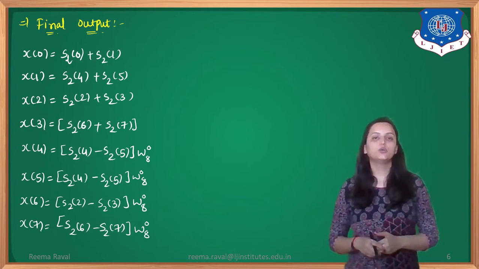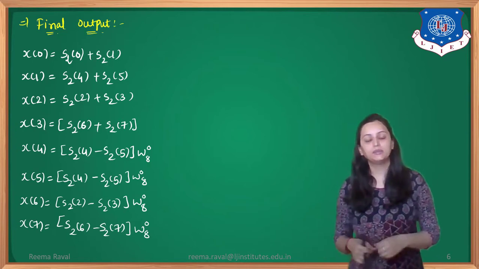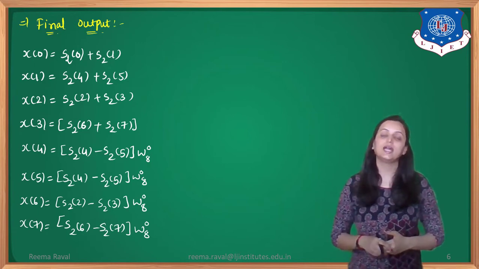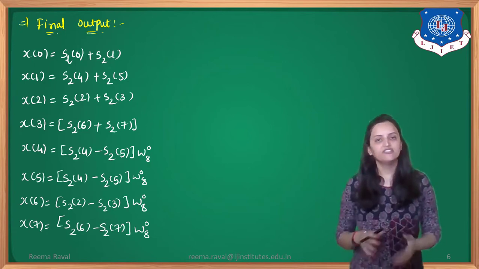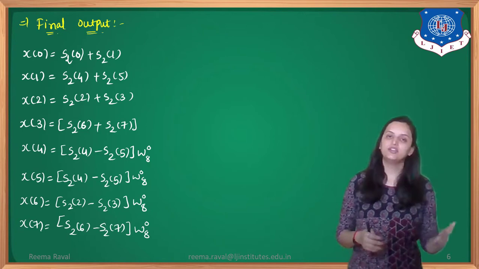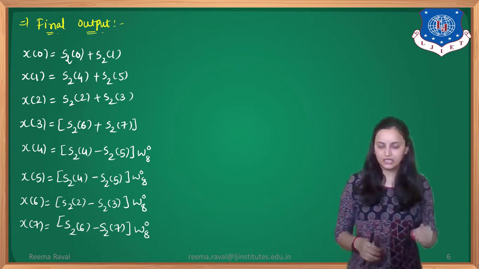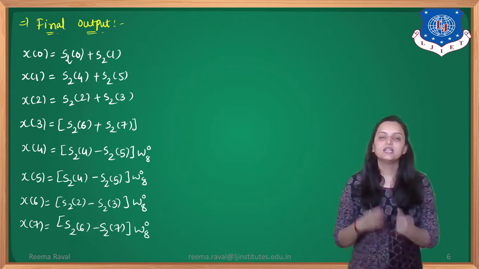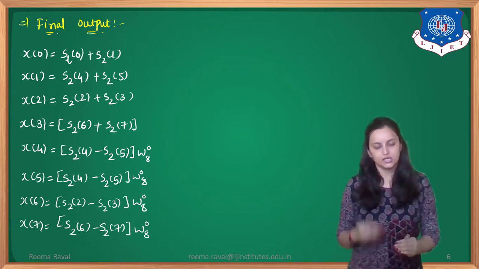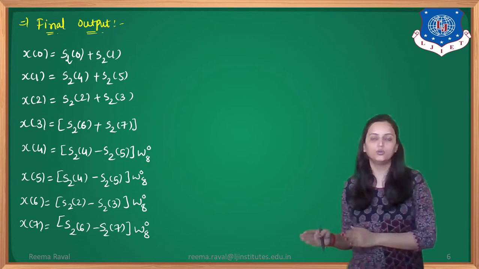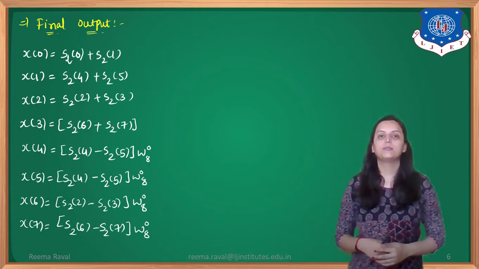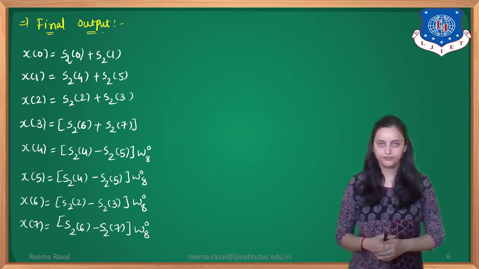If the data given to us is in the frequency terms, as we have seen in the example for the DIT-FFT algorithm, we need to put the values on the input side according to that, and by placing all these values in these equations stage-wise, we calculate the final output, as we have done for the DIT-FFT example.